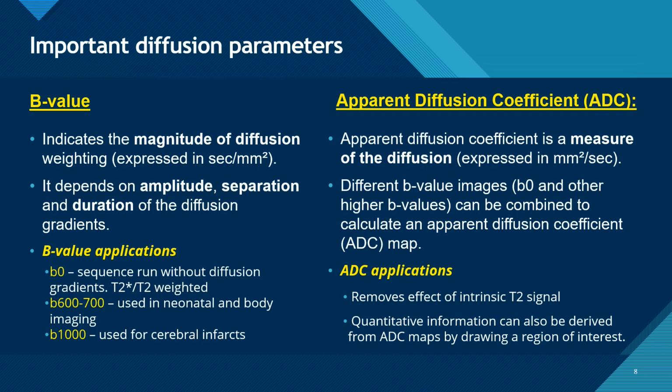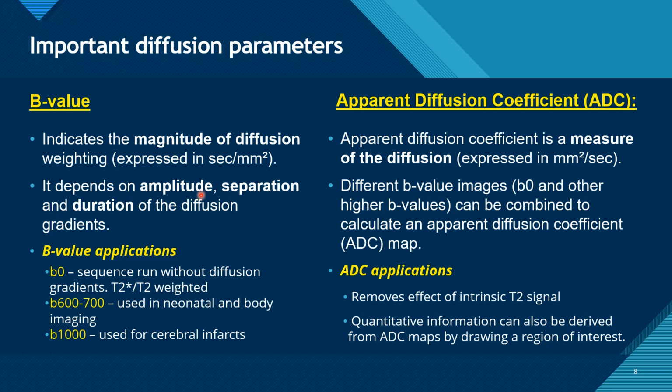From here, let's discuss some important diffusion parameters, which are the B value and the apparent diffusion coefficient. As we just mentioned, the B value indicates the magnitude of diffusion weighting expressed in seconds per millimeter squared.